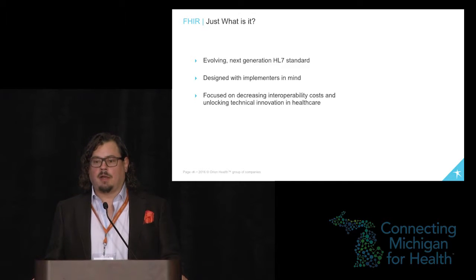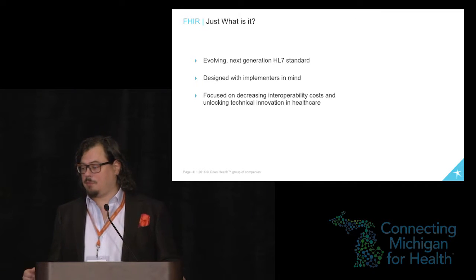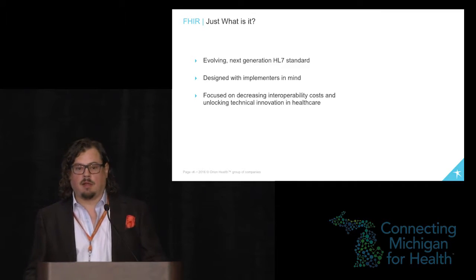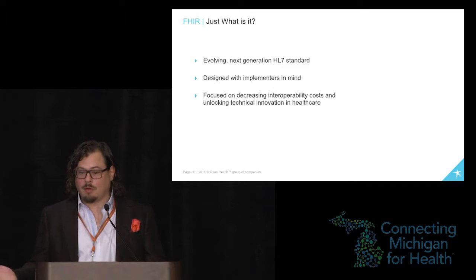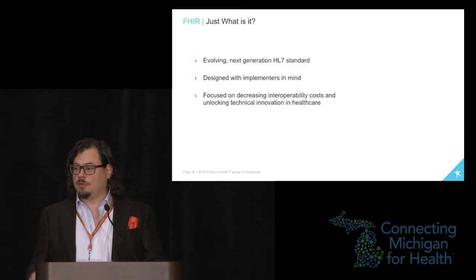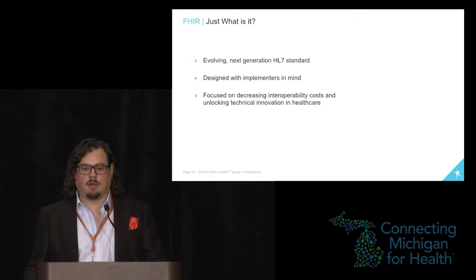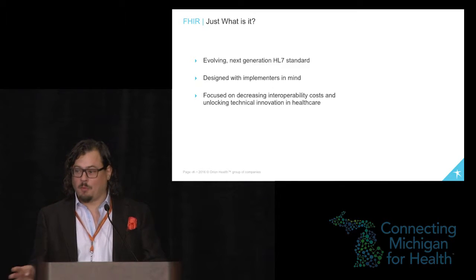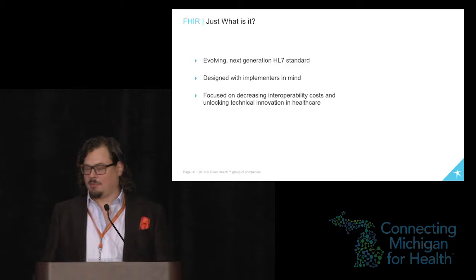So FHIR. FHIR is the next generation standard for exchanging information from HL7. It is FHIR. It's not version 4, but some people have commented that if you used an alternate pronunciation of FHIR, like the German "vier," it kind of harkens back to it being the next one, number 4.